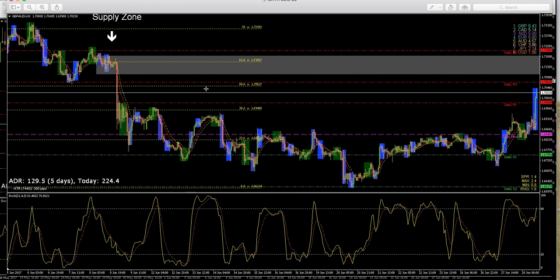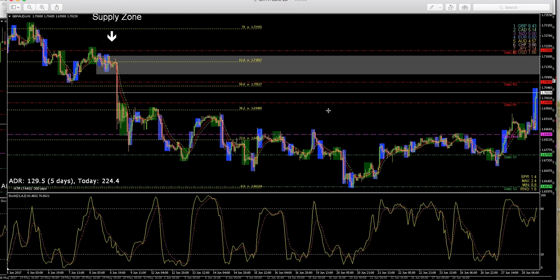Okay, so in the 1-hour, I just kind of scrunched this up, and you can see that when price broke out right over here at this level, we had this high that it broke above, and also these highs right over here from a few weeks ago.